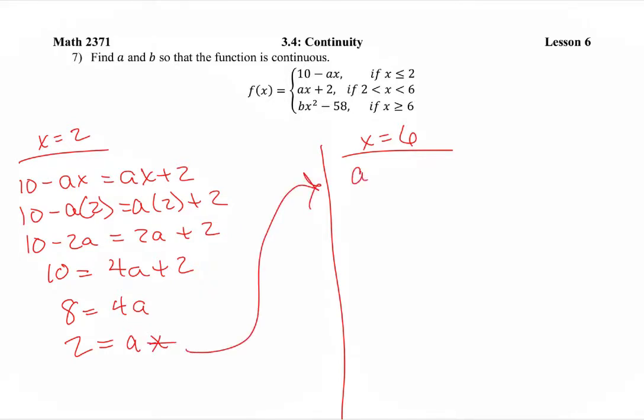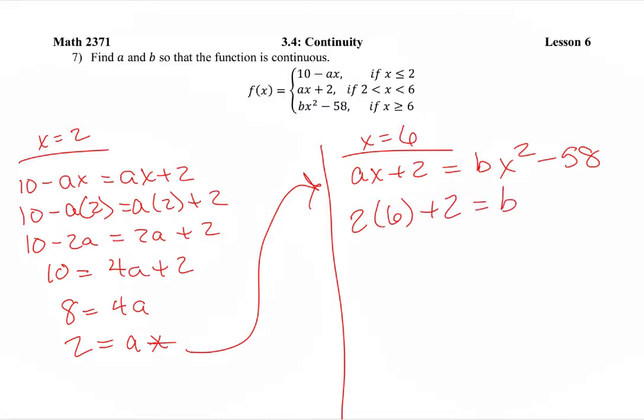I want to show that ax plus 2 has to equal bx squared minus 58. So that is 2 times 6 plus 2 equals b times 6 squared minus 58.